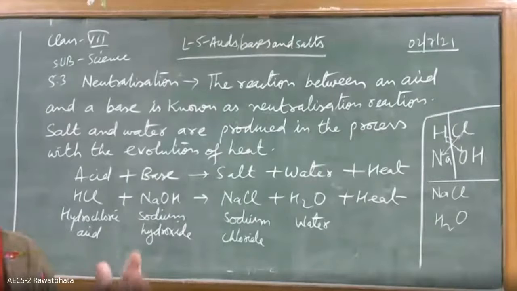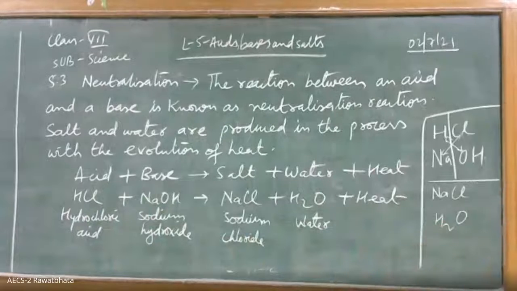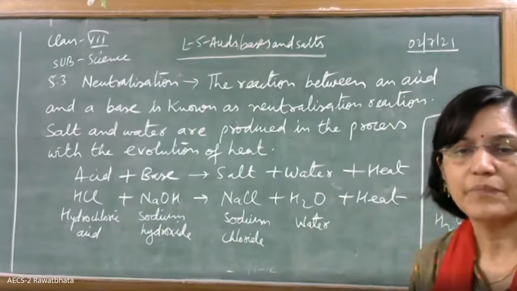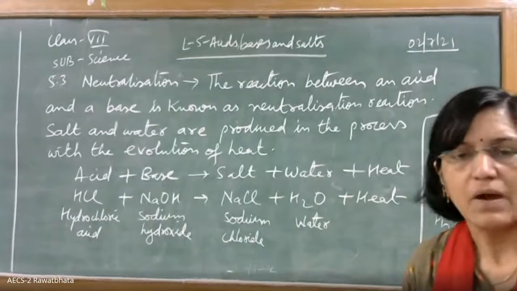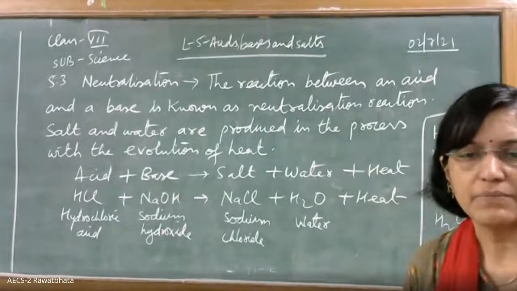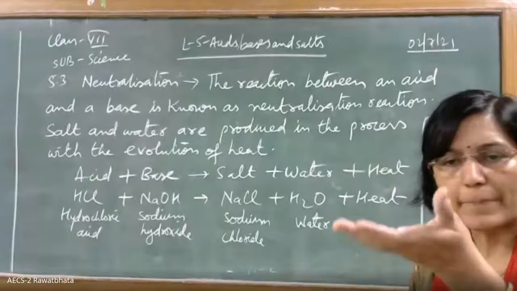Now, how are these acids found in the air? Once we burn some fuels, those fuels form some gases: carbon dioxide, sulfur dioxide. These gases rise up in the air.